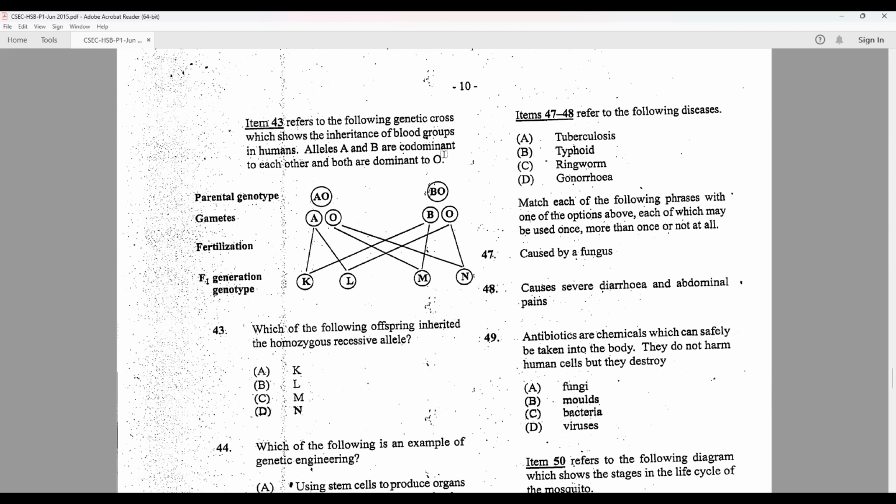Remember they said that O is recessive to the two alleles A and B, so we are looking for a person who has OO. So we are following the O's. One O is here, one O is here, and they both line up here. So we are looking at D.